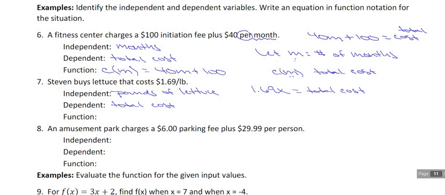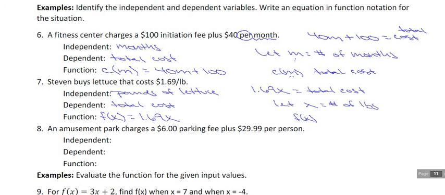So because I used my variable x, I will just use f of x for my function notation as my total cost. So f of x, the total cost, is equal to $1.69 times the number of pounds. Okay, so let x equal number of pounds, and the required part of the let statement is the first line.